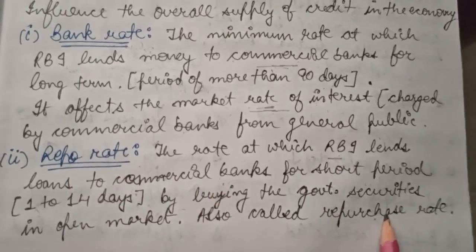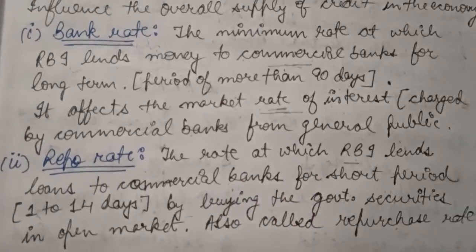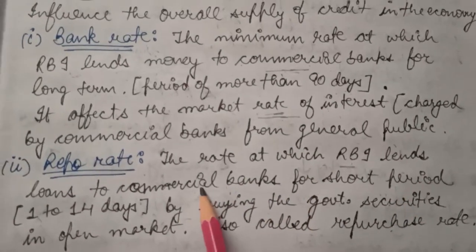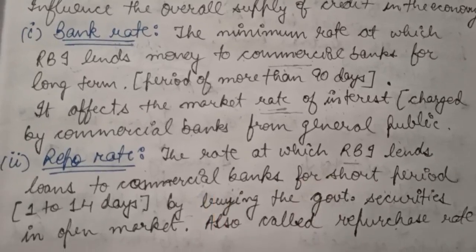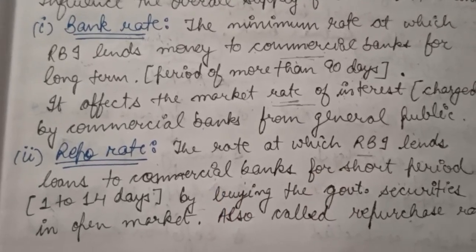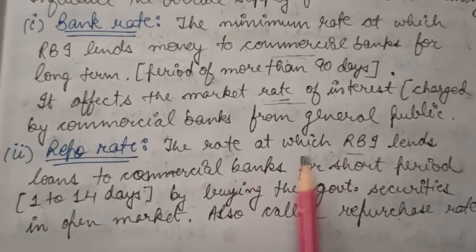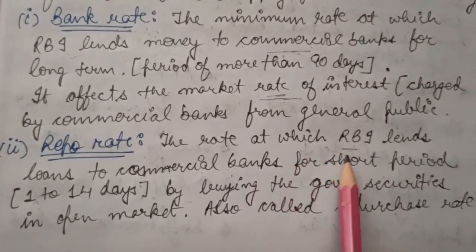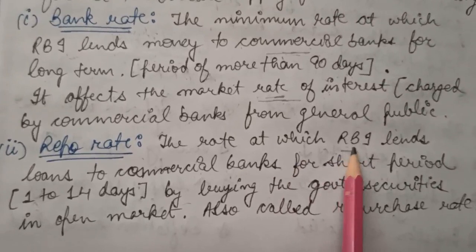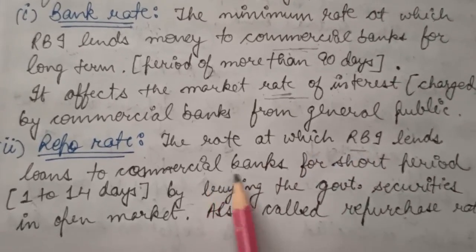It means that the securities which commercial banks gave to RBI for taking the loan, after a certain period of time, what will RBI do? It will allow the repurchase of the securities by the commercial banks.